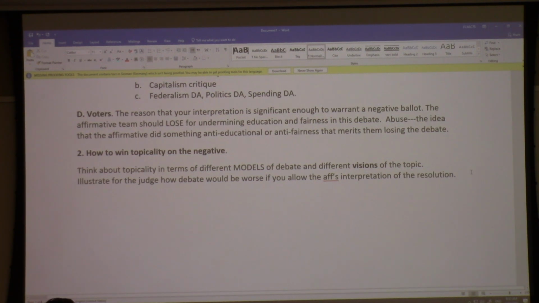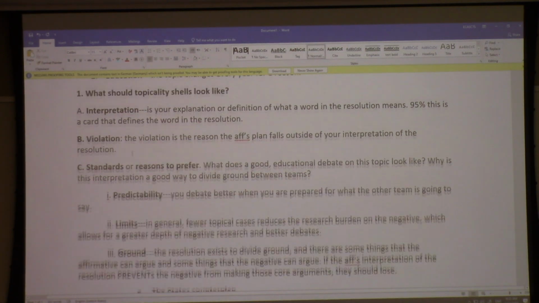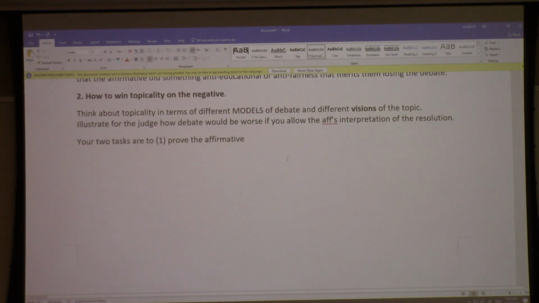Negative teams will always argue that a more limited topic with a more predictable set of affirmatives is better. And affirmative teams, on the flip side, will always argue that a larger topic with a wider set of affirmatives is more important and better for education. So your two tasks are to, one, prove that the affirmative is not topical, which is taken care of by the interpretation and violation sections of the debate.